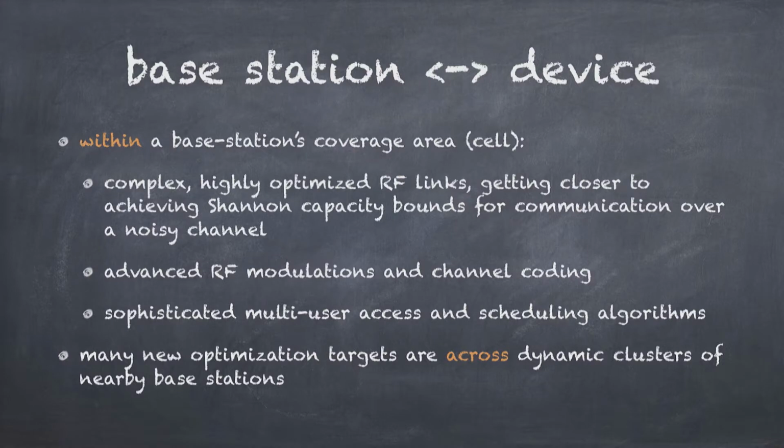The communication link between a base station and your mobile device is a very highly optimized and very sophisticated piece of communication. You have a very complex, highly optimized radio frequency link, which is edging ever closer to the Shannon capacity bounds for communication over a noisy channel.